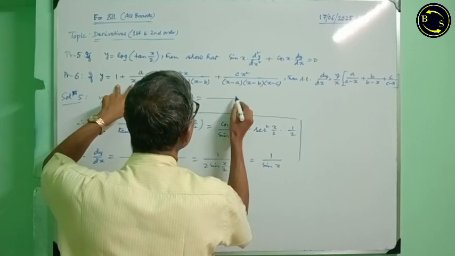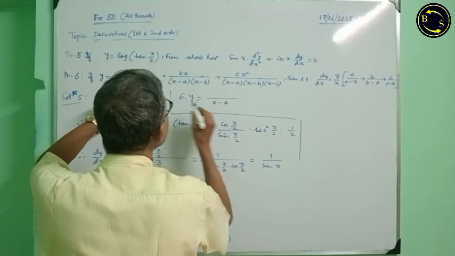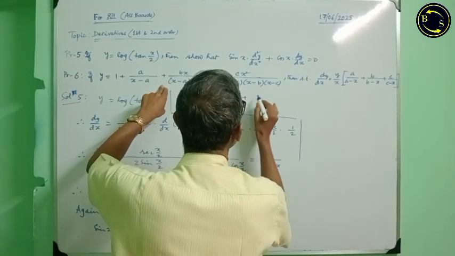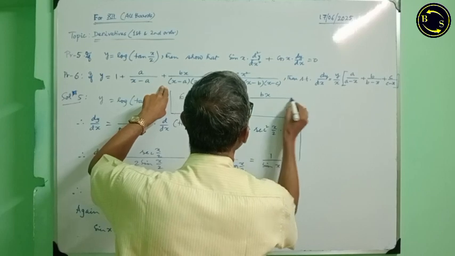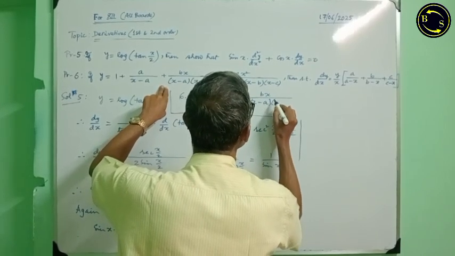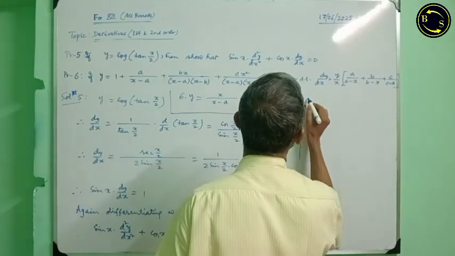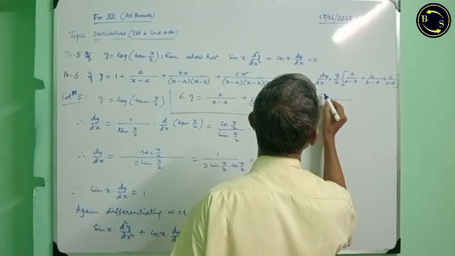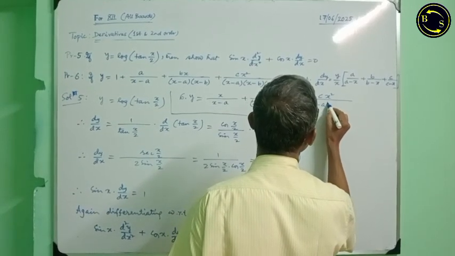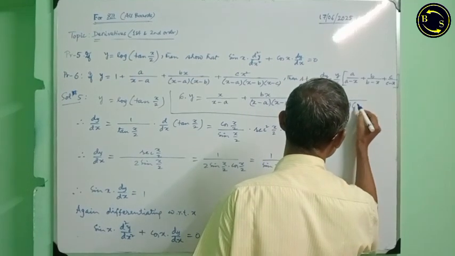If we simplify x minus a plus a, that means numerator will be x plus bx by x minus a into x minus b plus cx square by x minus a into x minus b into x minus c.